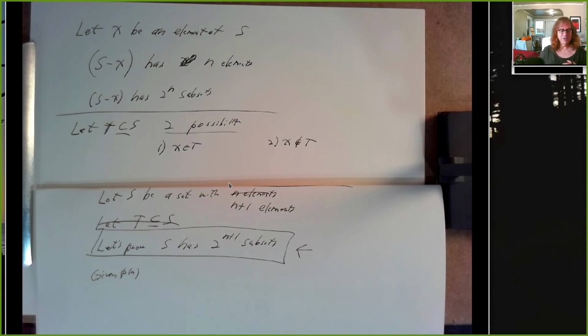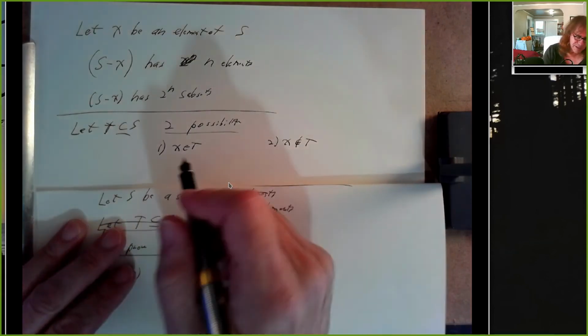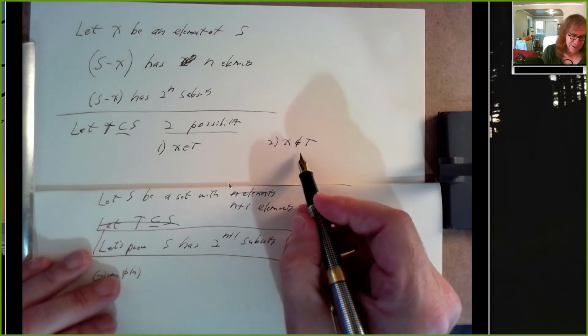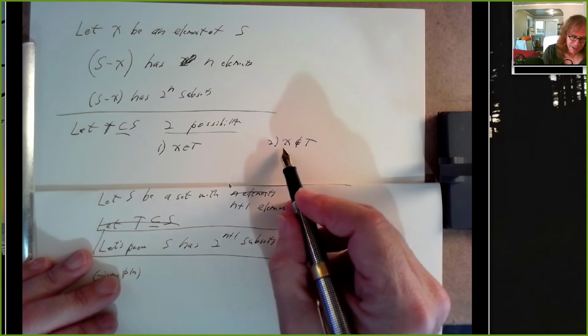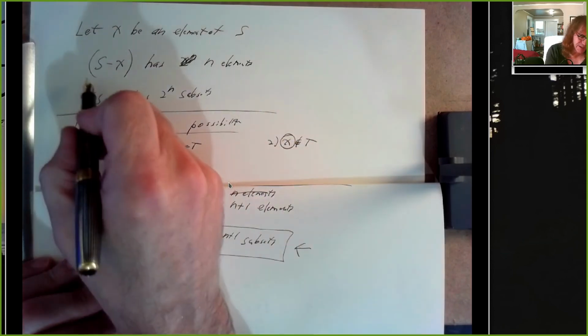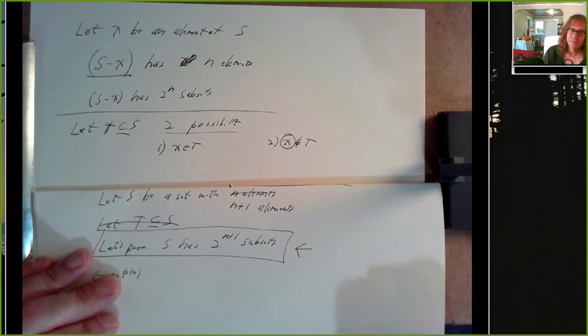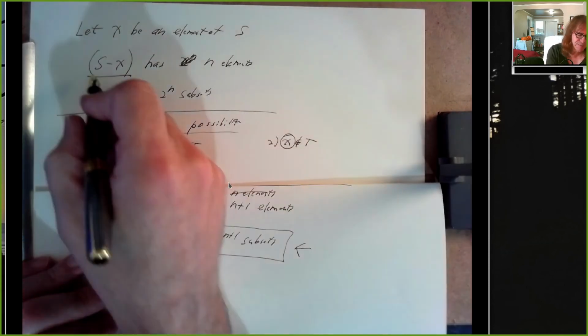Alright, here's the intuition. If X does not belong to the subset T, then T is a subset of this.